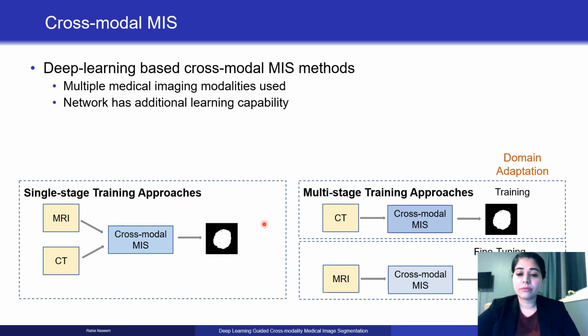The other category falls in the category of multi-stage training, where the network is first trained on one modality, for instance CT, and then retrained or fine-tuned on the other modality, for instance MRI. Then there is another concept of domain adaptation that I will introduce later.